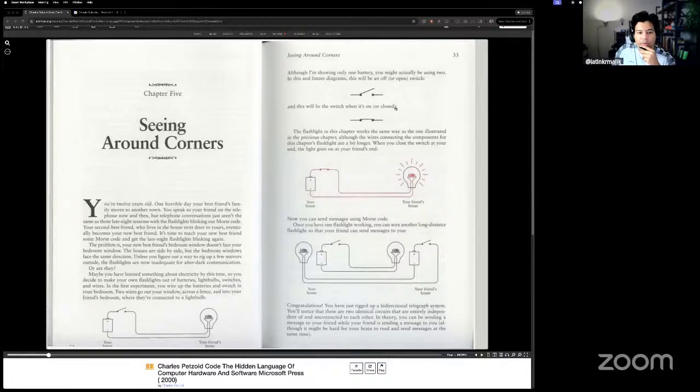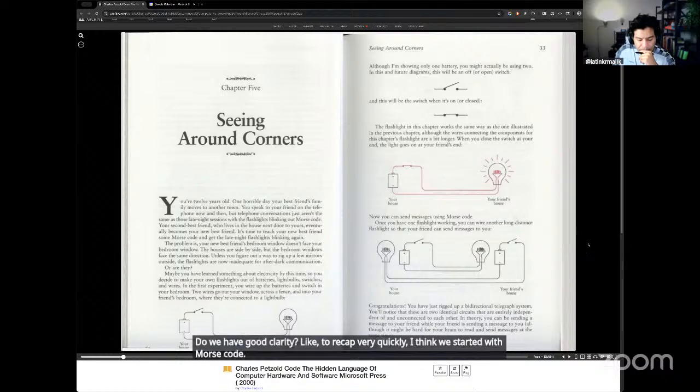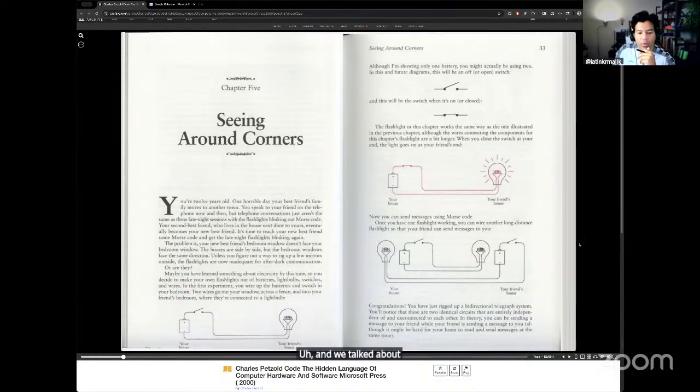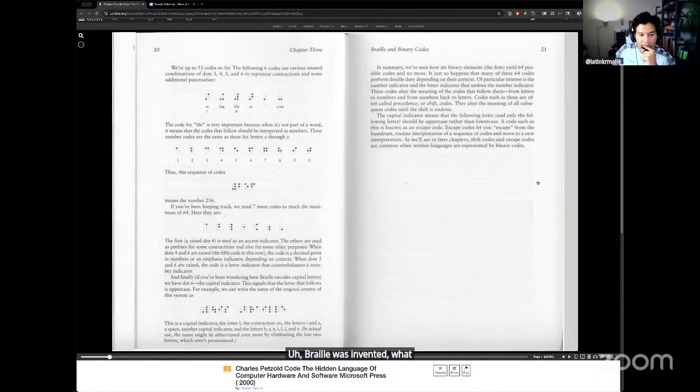Before we start, any questions from the last 4 chapters that we read? Do we have good clarity? To recap very quickly, we started with Morse code and talked about how that encoding was decided and how it worked.